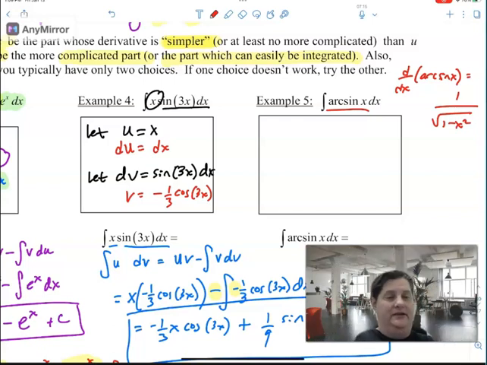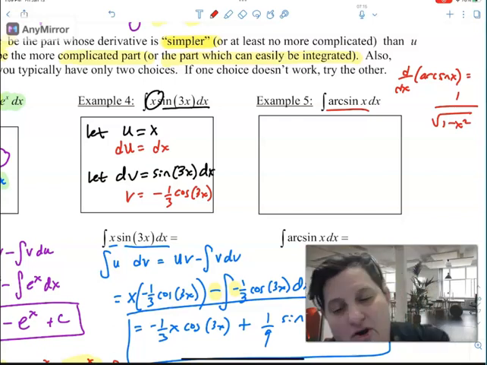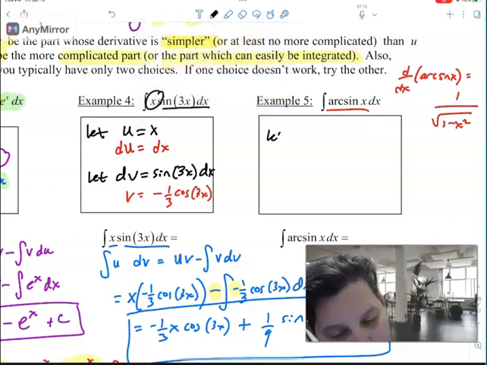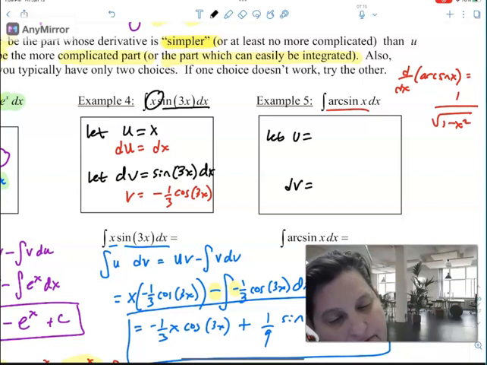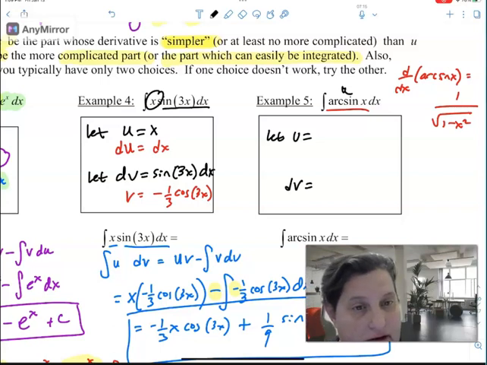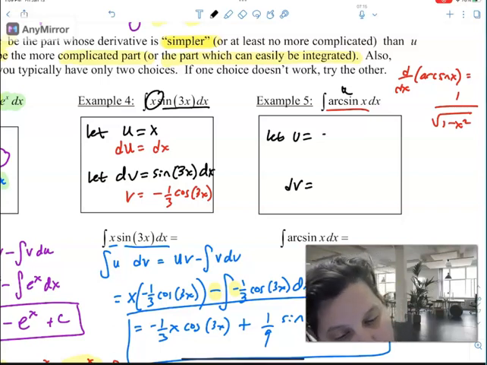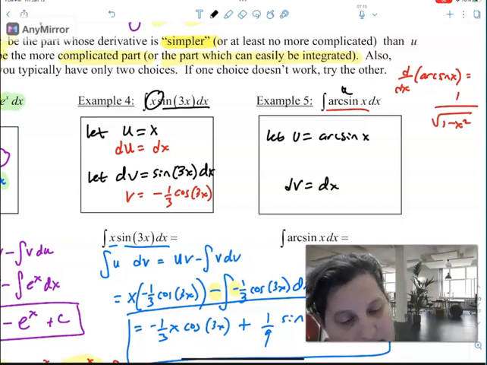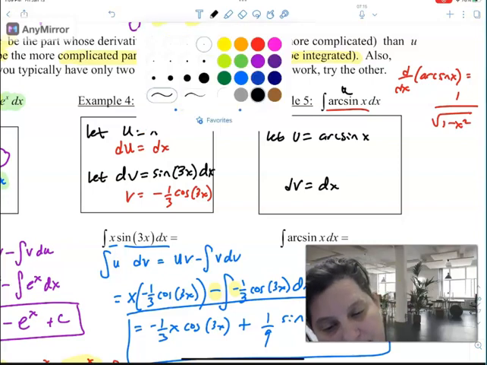So if I'm trying to say that u equals something and dv equals something, u has to be arc sine, because I know what the derivative of it is. It just has to be. U has to be arc sine x, and dv has to be dx. Now, let's finish this out.